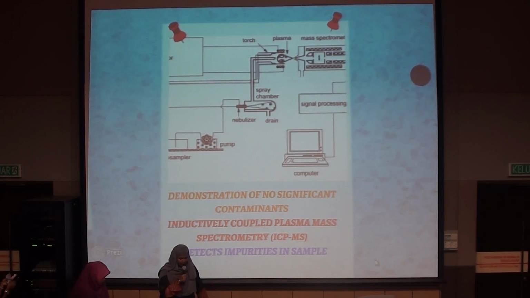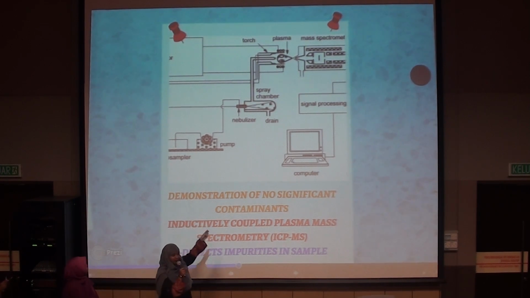First, the sample, using auto samplers, will be transferred into the nebulizer with argon, and it will release aerosol, and this will be ionized and followed by mass spectrometry processes, and it will be processed in the computer as well.